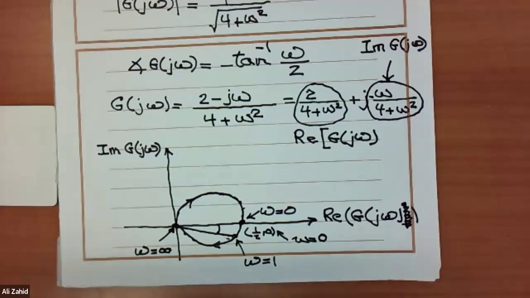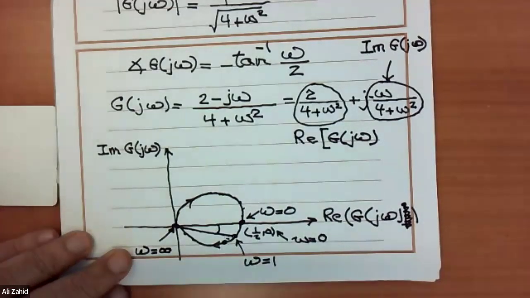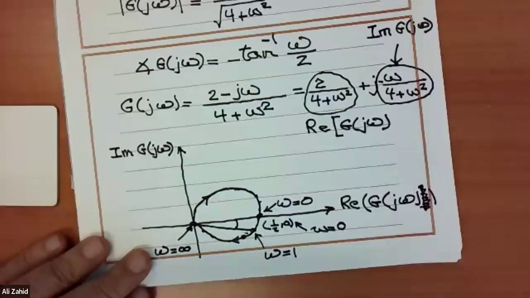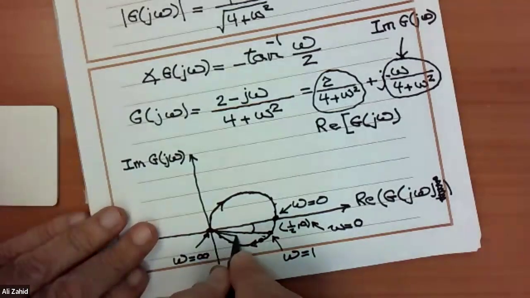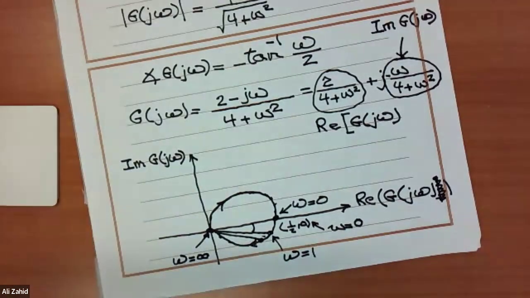Yes. What if omega equals 2? Where are we? 5 over 4, here. What is the magnitude? What is the length of this vector? 1 over square root of 8.